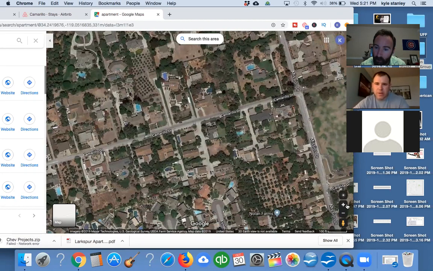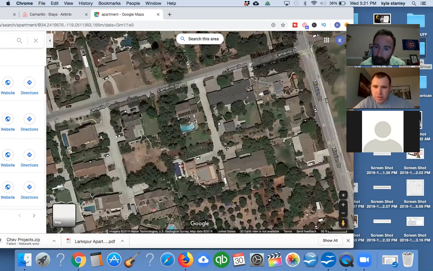Yep. So where that pool is and those sort of things. Yeah. It looks like maybe it's a fourplex or something like that. So, I mean, probably not what we're looking for. I'm looking for an actual apartment complex of 60 units or more.